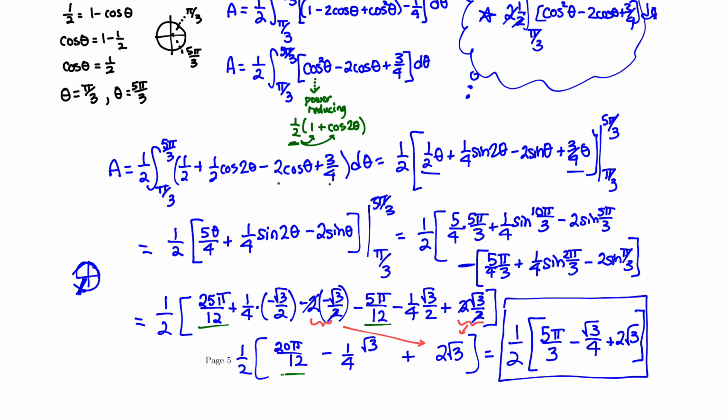I would have 10 pi over 12, which would come down to 5 pi over 6. I wouldn't have the half out front. Yeah, it would be 5 pi over 6.